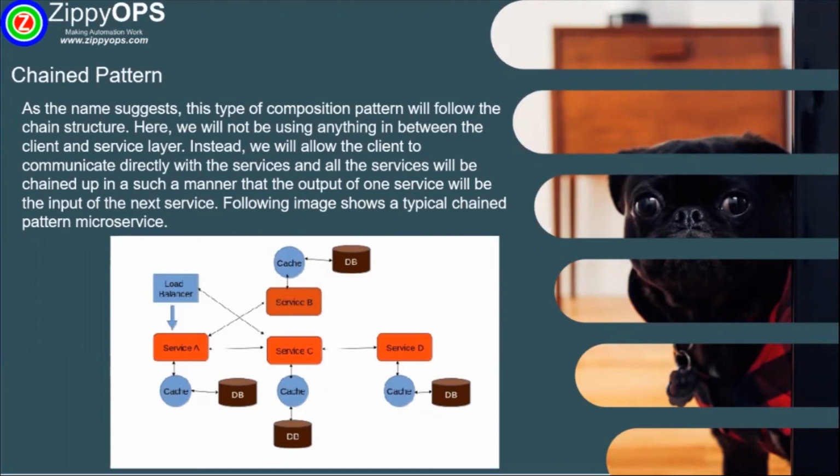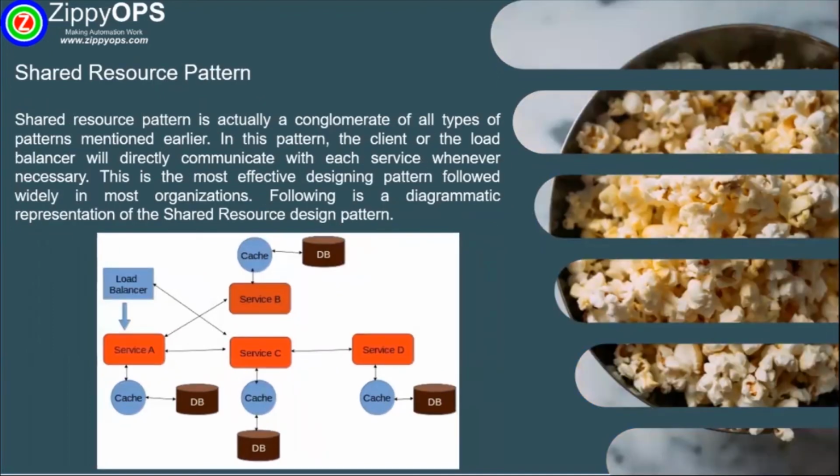Okay, the next concept is called the shared resource pattern. This is similar to the earlier one, but here the user is allowed to directly interact with the other services. For example, if you go to Amazon.com, it is going to show me the product information, which is coming from the inventory. It may be a product page.